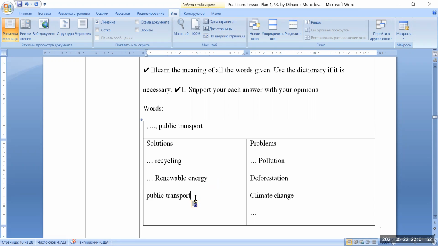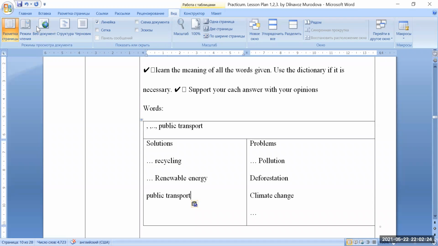Okay, who will speak about the importance or advantage of public transport? Who wants to speak? Aziza, welcome. Well, since we live in a developing country, every country wants to become rich, to become an industrialized country. Even though it is good for the country and for people who live here, there are also negative sides.